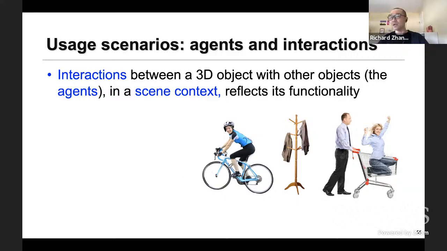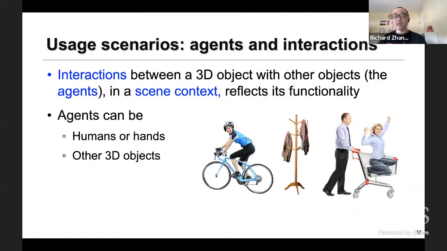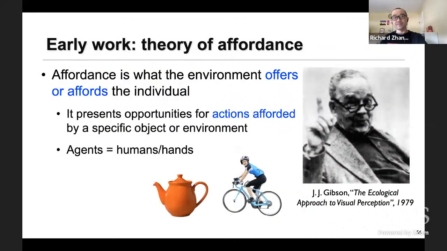So this person is riding a bike, and then this coat rack is kind of quote unquote interacting with these clothes here that are on the rack, and this person is pushing the cart, and this cart holds another human or whatever object there is. So again, the agents can be humans, or hands, or it could be other objects.